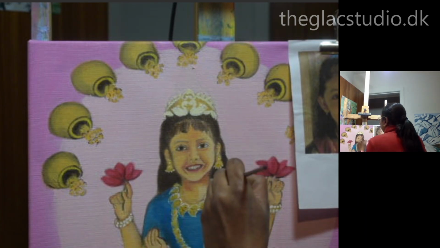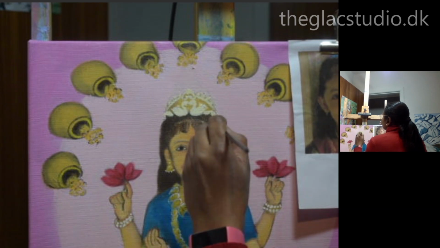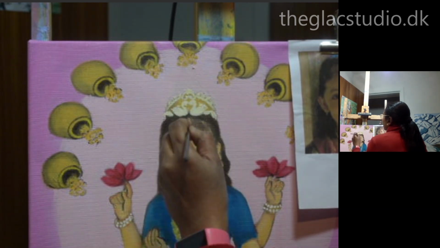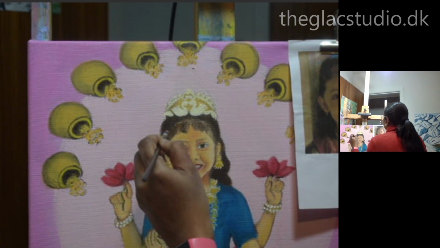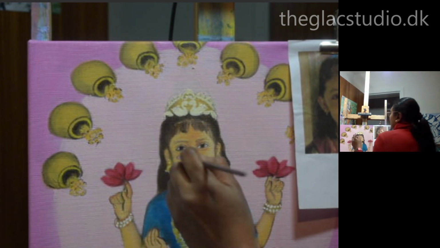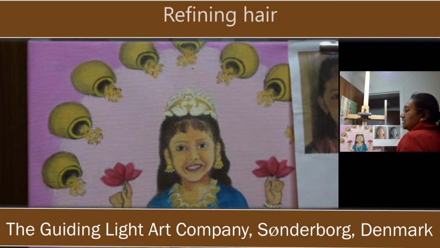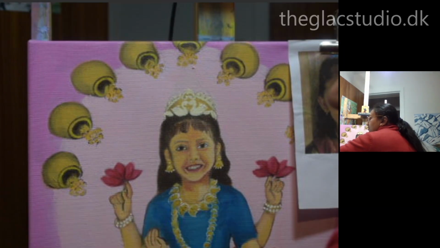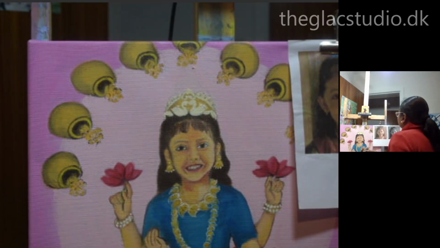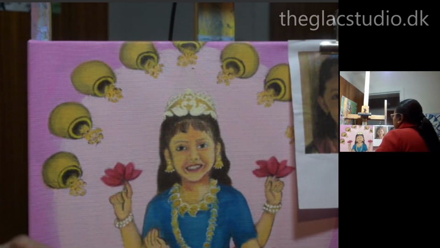Building in on this. And I think we need to start working on some minor details of the hair. So moving out of this brush, going back to the zero brush now.